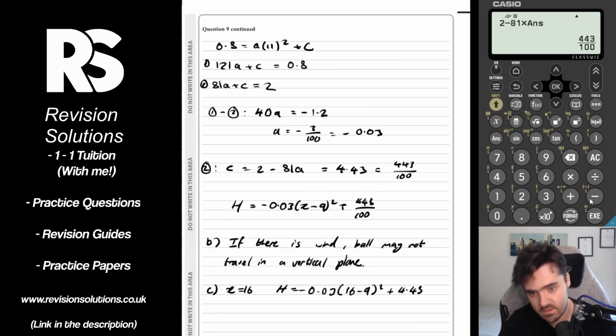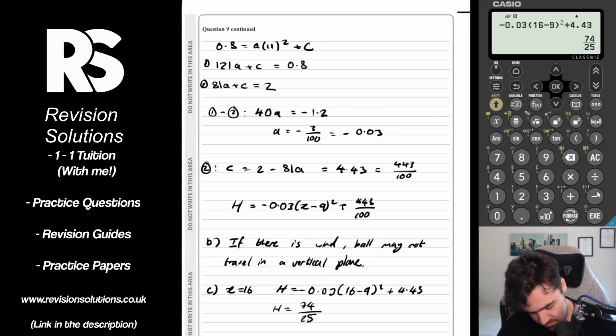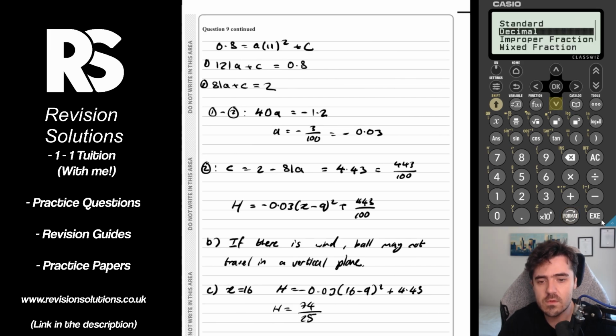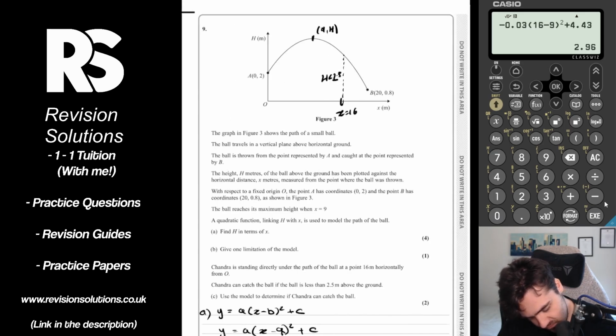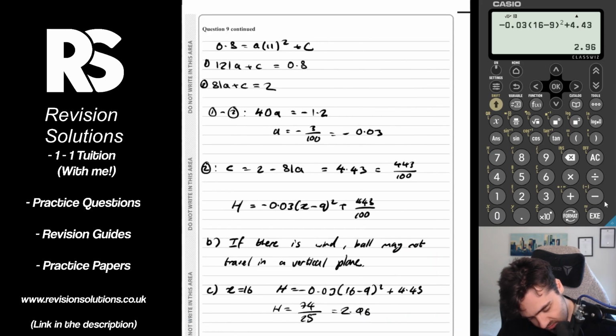Plugging that in the calculator: minus 0.03 open bracket 16 minus 9 close bracket squared plus 4.43. That gives us 74 over 25. And what's that as a decimal? That's 2.96, which is bigger than 2.5, so therefore Chandra cannot catch the ball.